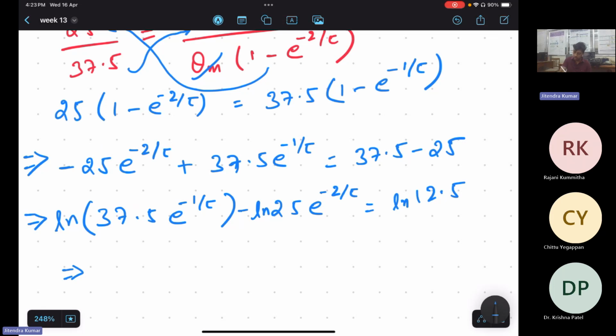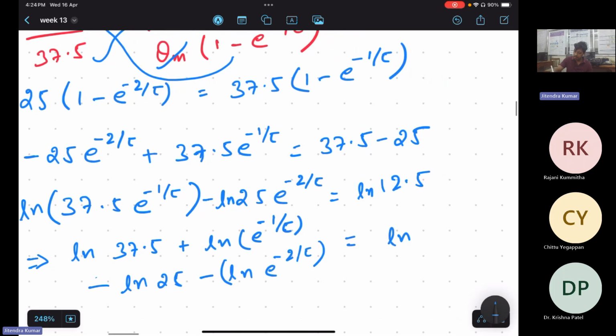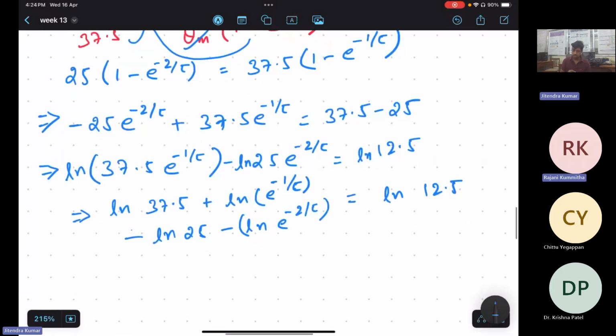So it will be broken into ln of 37.5 plus ln of e raised to power minus 1 by tau. Similarly, for the second product, it is minus ln of 25 minus ln of e raised to power minus 2 by tau. So far, so good. Any doubt till this point? No, sir. Okay.